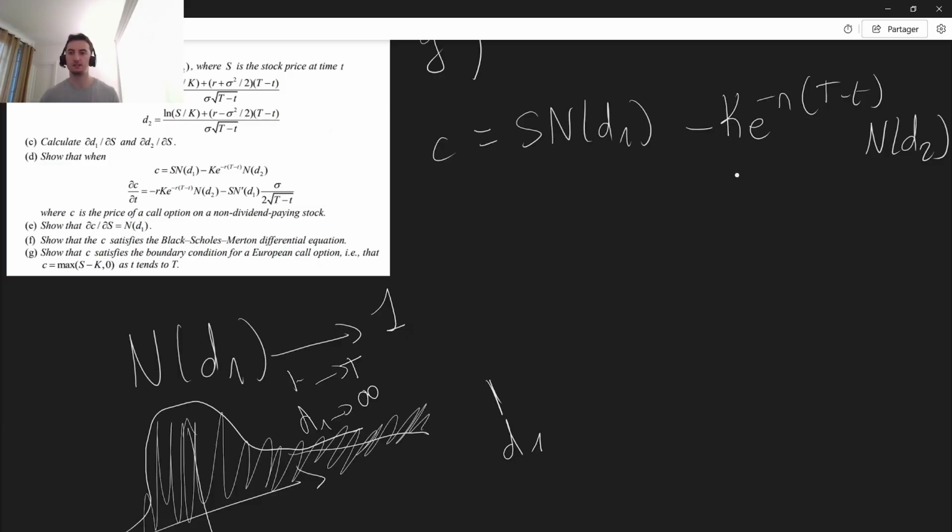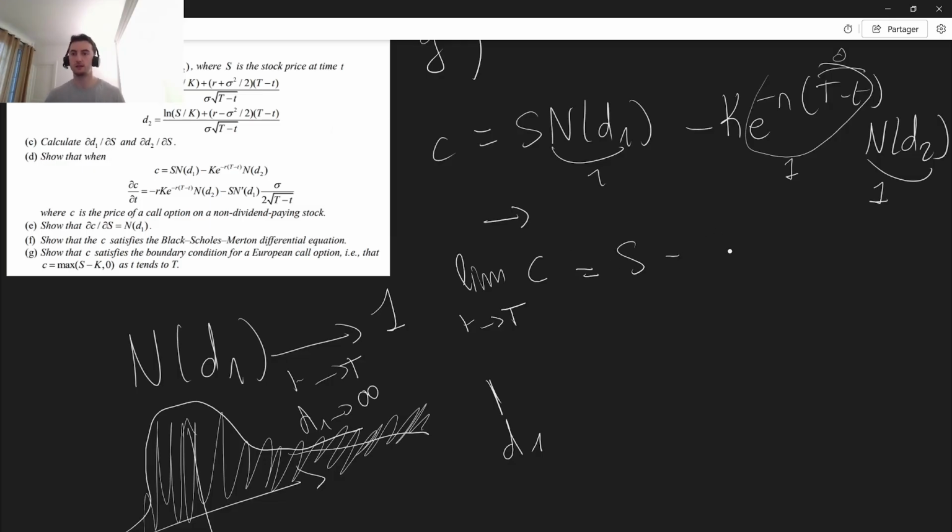And this is exactly the same for N of d2. So this tends to 1, this tends to 1, this tends to 0, so the exponential of 0 is also 1. So the limit when t goes to maturity of C is equal to S minus K, which is exactly the payoff of a call option.